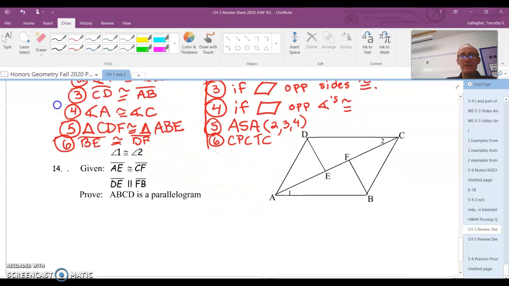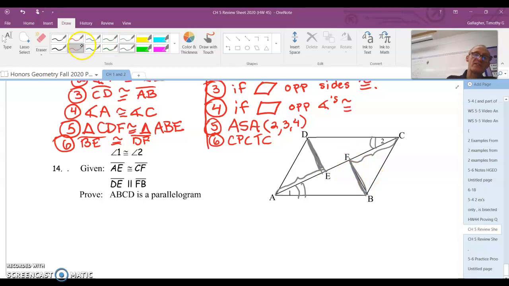Moving on to 14, I'll talk about it and then I'll write the proof again because I'm almost out of time. So angle 1 is congruent to angle 2, and AE is congruent to CF, and DE is parallel to FB.